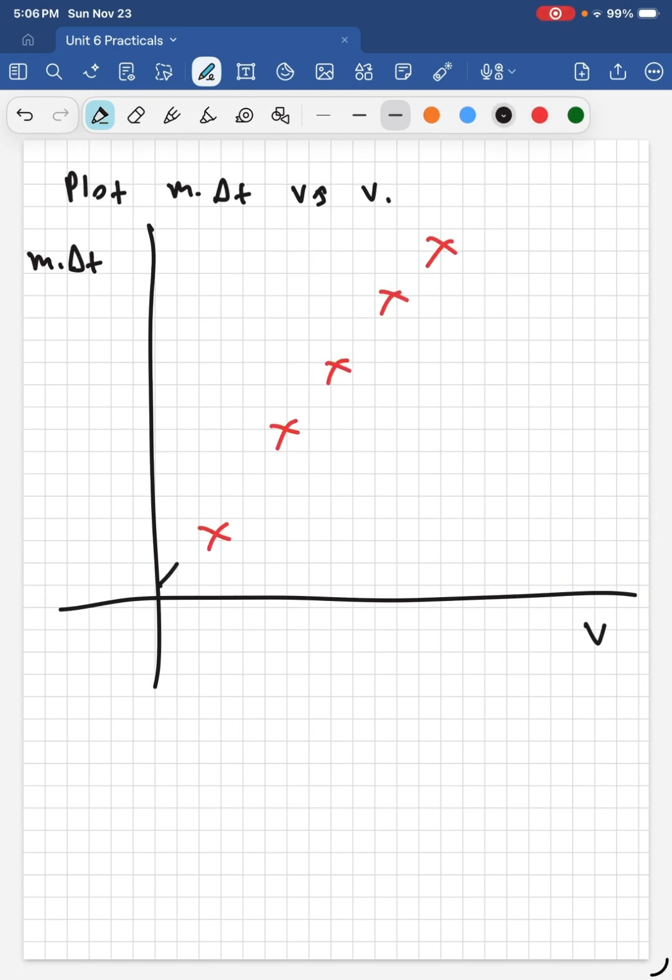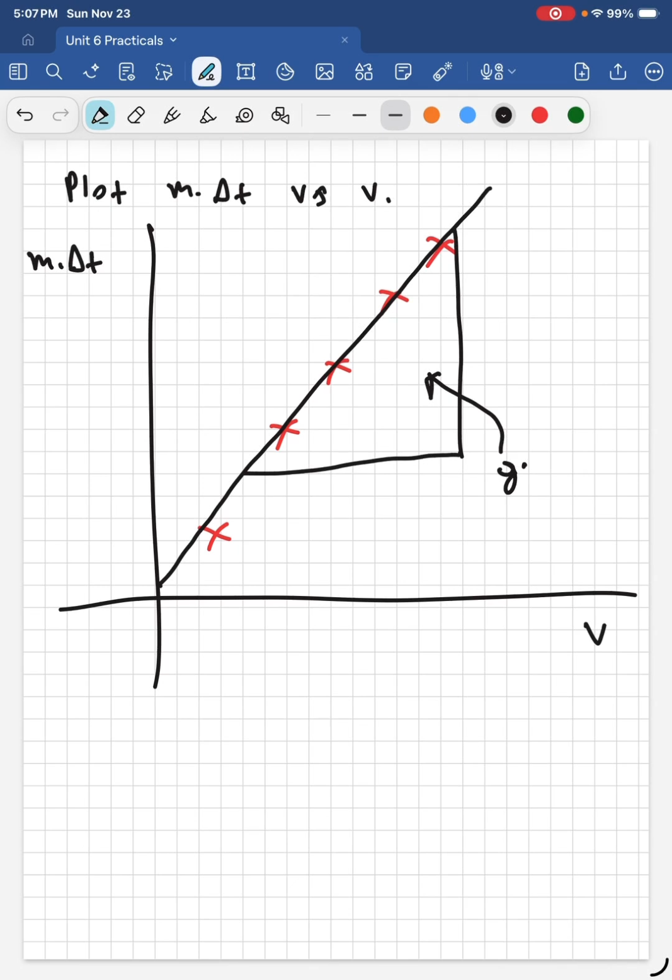So this should look like a straight line, with gradient equal to M over g. So g should be equal to M over the gradient.